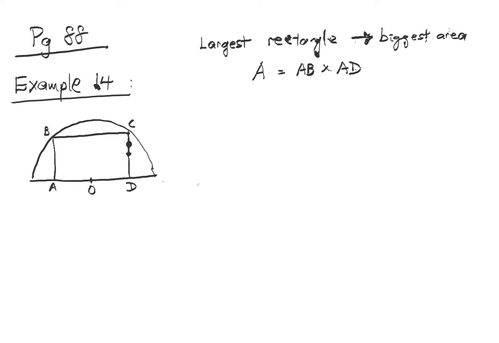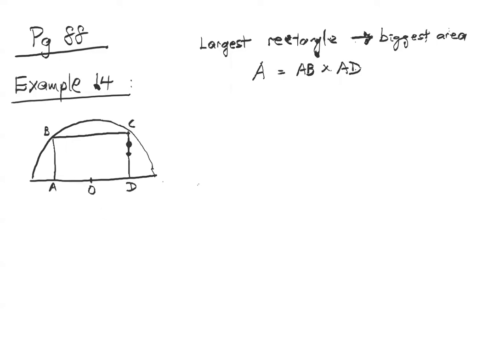Can you tell me why they let OD be X instead of AD be X? Okay, can you tell me? Why they don't want?